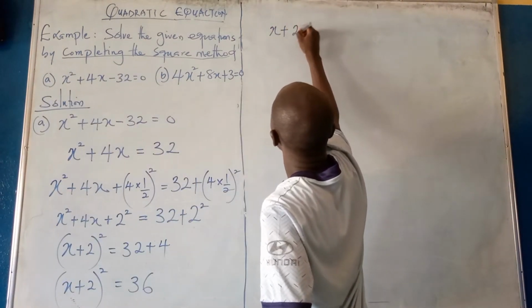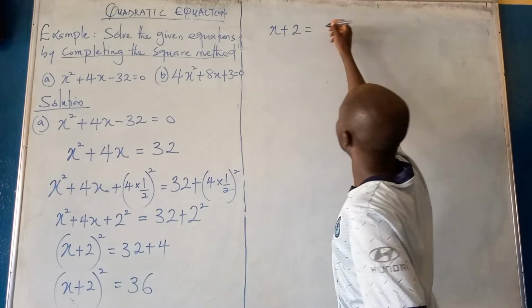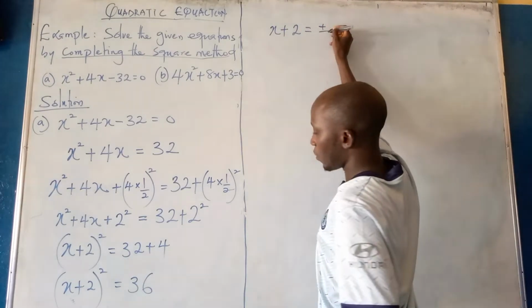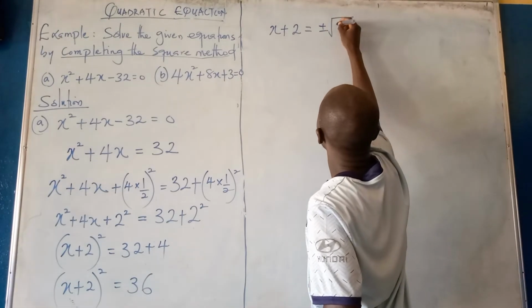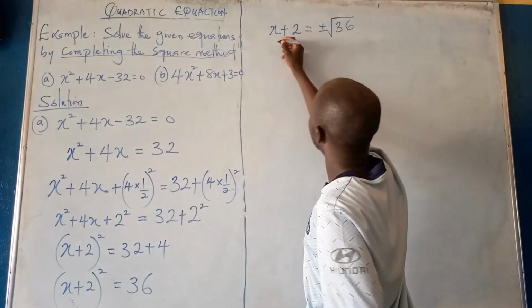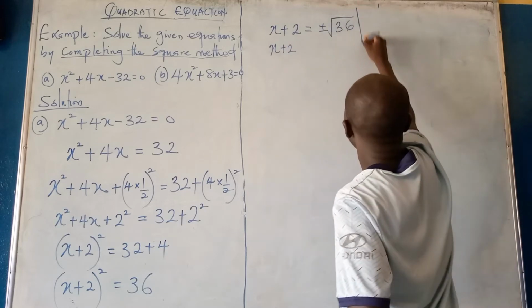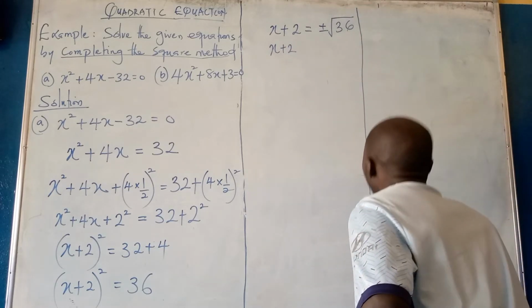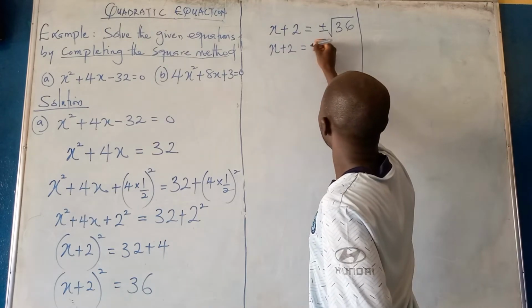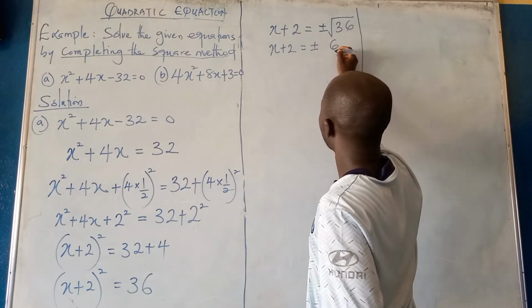So x plus 2 equals plus or minus the square root of 36, and then x plus 2 equals plus or minus 6.